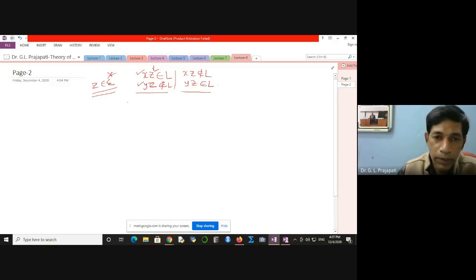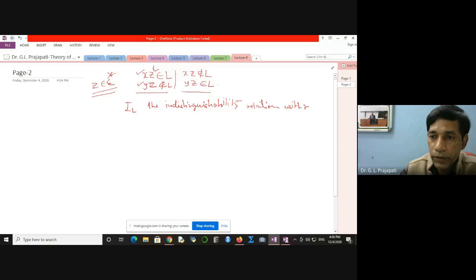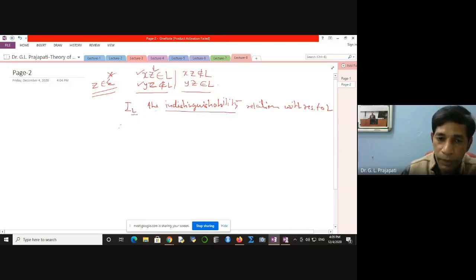We define a relation like IL. This is the relation which I call the indistinguishability relation with respect to the language L. We are going to distinguish with respect to L. So we have two strings x and y taken from sigma star.